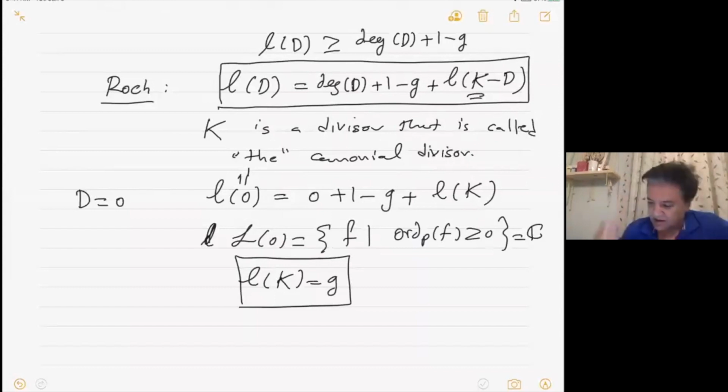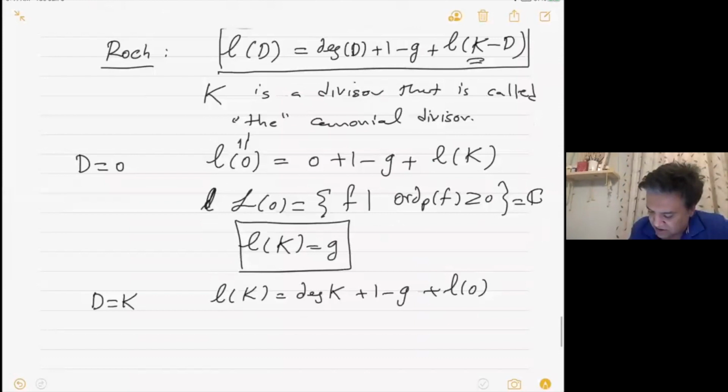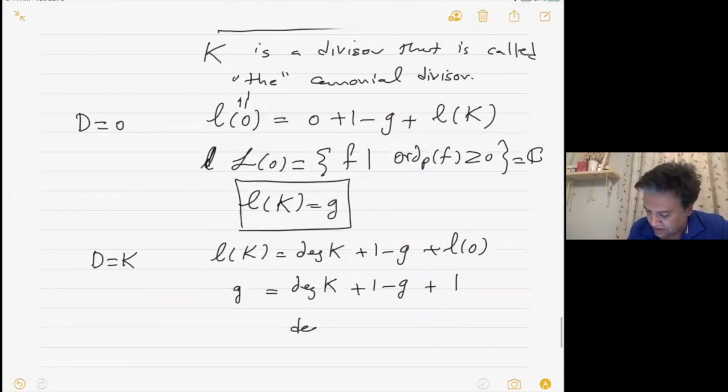The other thing you can derive is that if you put D equal to K, you get L of K is equal to the degree of K plus 1 minus G plus L of 0. L of K, we just found, is G. Degree of K, we don't know. Let it be there. 1 minus G plus this is 1. And this way you can find the degree of K to be 2G minus 2.